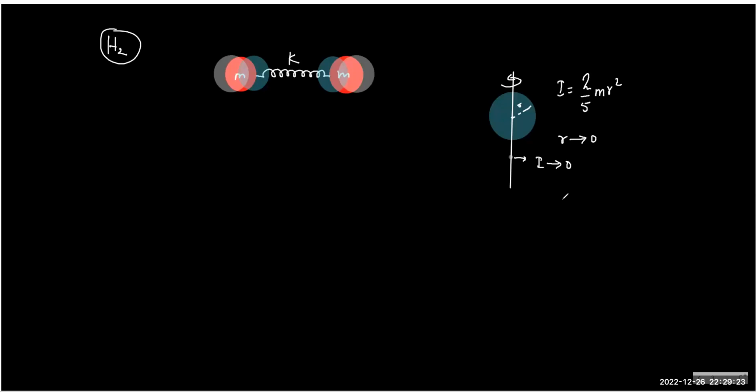Tell me yes or no. Yes, sir. So why am I saying this? Because setting something into rotation about an axis which offers roughly 0 moment of inertia will take almost 0 energy. Yes or no? Do you all realize what I'm saying?